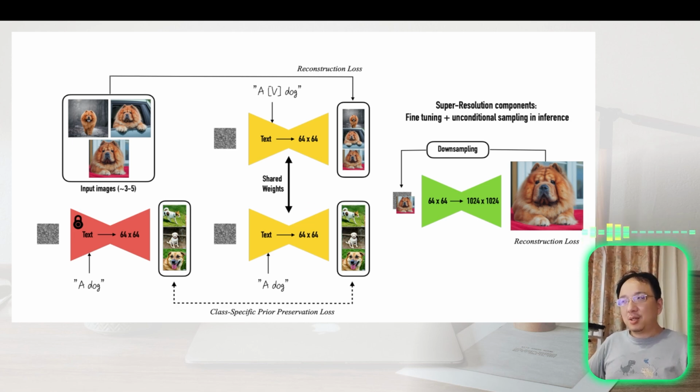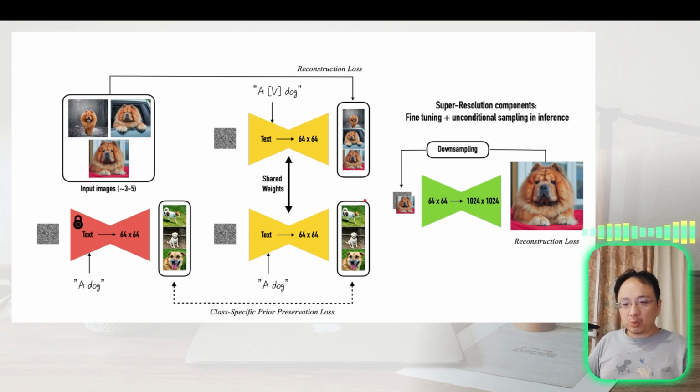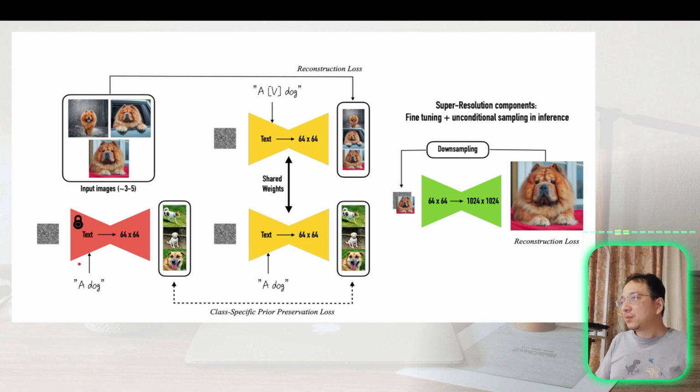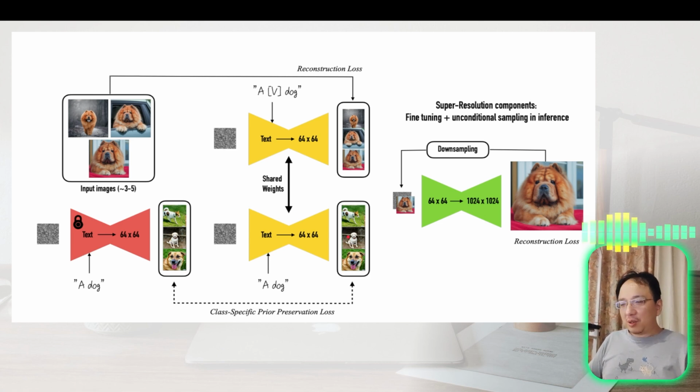That is, in the training of DreamBooth, not only do you need to train on the feed dog examples, the example images of the feed dog, you also need to train on the general dog. So in this case, the class of dog will not collapse.